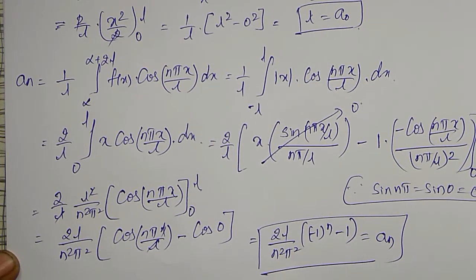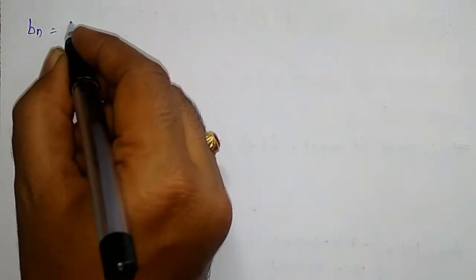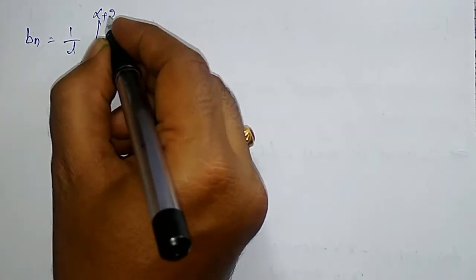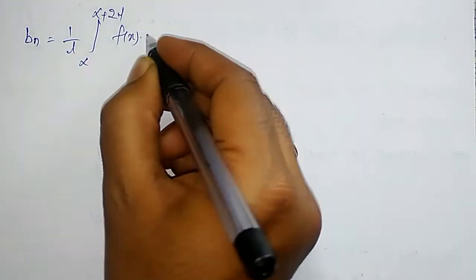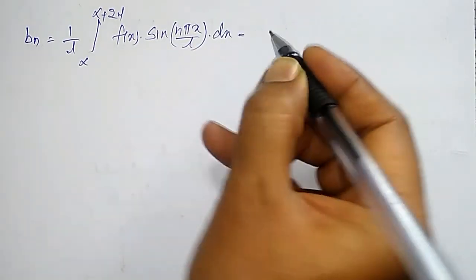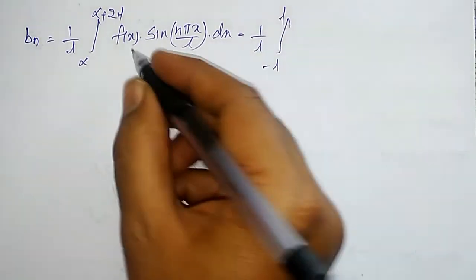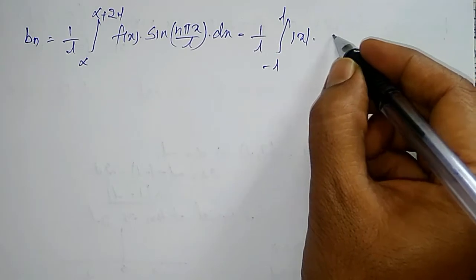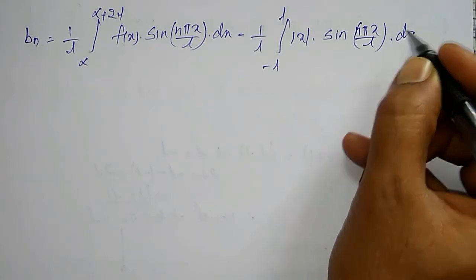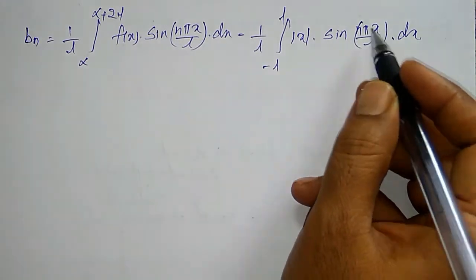Like that, Bn will become 0 here, because the Fourier coefficient Bn is defined to be 1 by L integration from alpha to alpha plus 2L of f of x into sin n pi x by L dx. That is 1 by L integration from minus L to plus L, f of x is mod x, into sin n pi x by L. And here we have proved that mod x is an even function, whereas sin is an odd function.